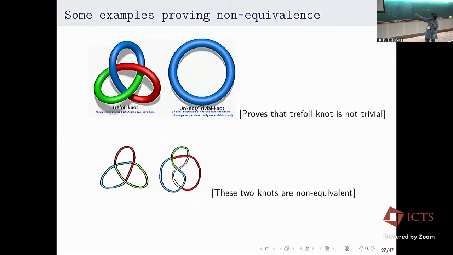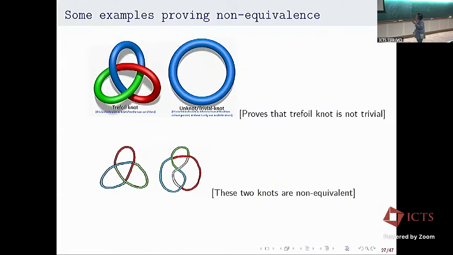Here, the trefoil and the figure eight are not equivalent. One could just use the tricolorability and see this diagram is not tricolorable, because here we are trying to use four colors, even though it is satisfying that at every crossing three colors are used, the number of colors in general is more than three.